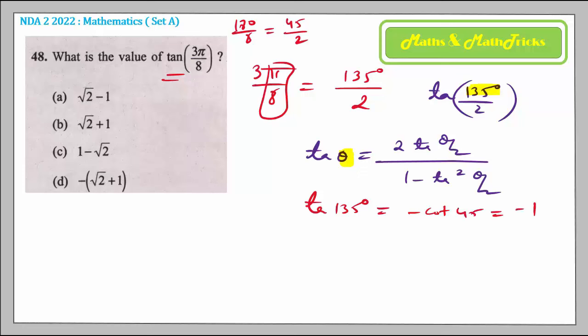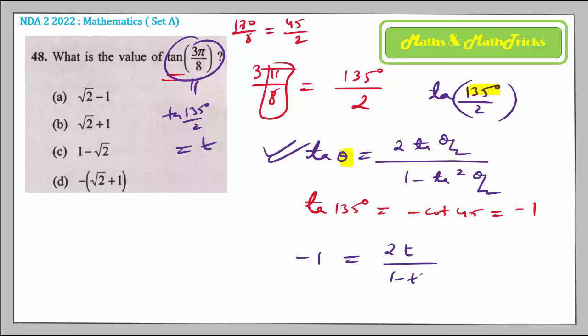And now what I would do is, the required part you will take it as the tan of 135 degrees by 2, which I am taking it to be t here. So I am applying this formula, minus 1 is equals to 2t upon 1 minus t square. So when you solve this, you will have a quadratic equation, t square minus 2t minus 1 is equals to 0, all the terms taken to LHS.